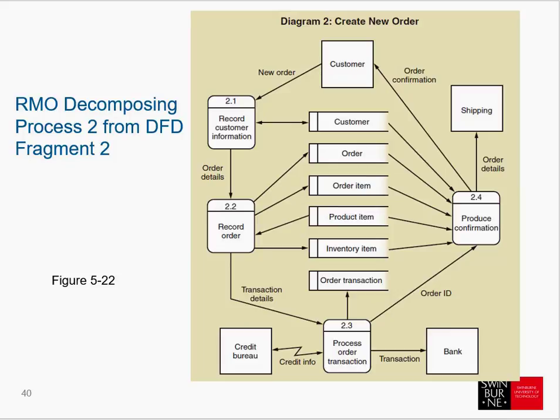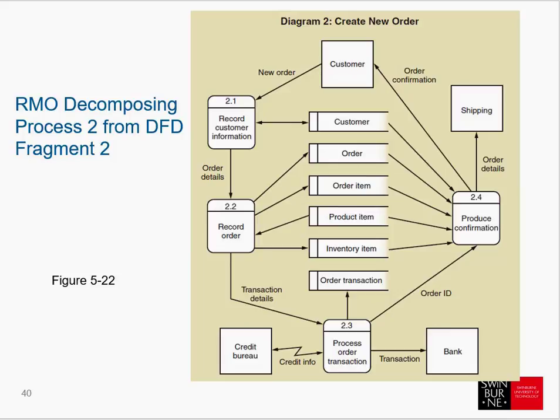Now remember that the entity represents the customer data entity on the entity relationship diagram that we have discussed before. Then process 2.1 sends the rest of the information about the order, a data flow named the order details in this diagram, onto process number 2.2.